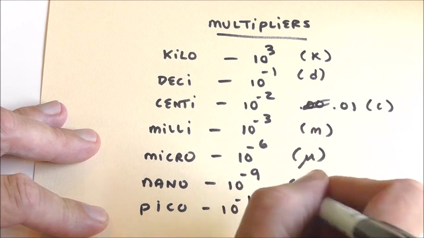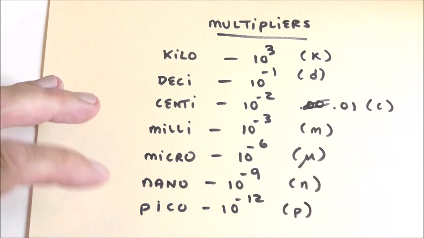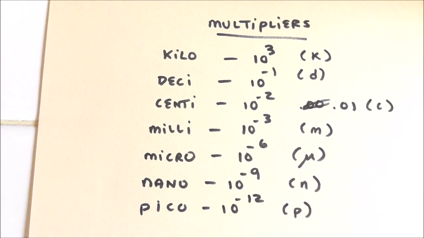So, for example, you want to talk about a wavelength of light. You got to say it in nanometers, because it's too clumsy to express it in meters. If you want to talk about the radius of an atom, it's easier to do it in picometers, because they're so small.